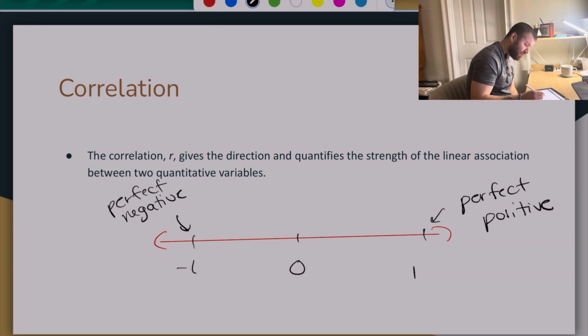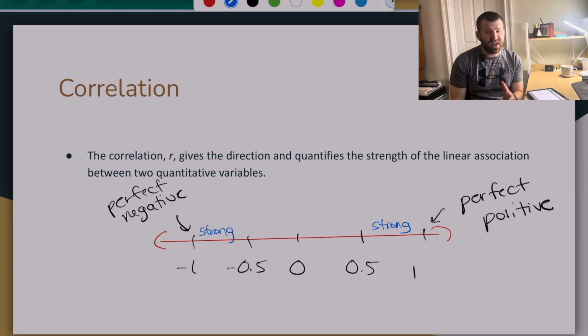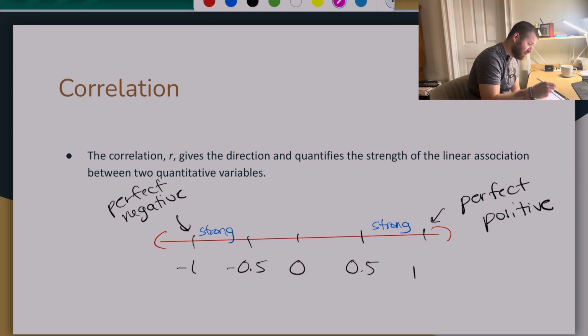So when we talk about quantifying the strength, anything between 0.5 and 1, this area right here, is strong. Anything between -0.5 and -1, we quantify as strong. And anything here in the middle, we classify as weak.